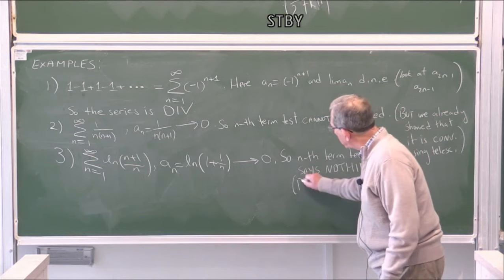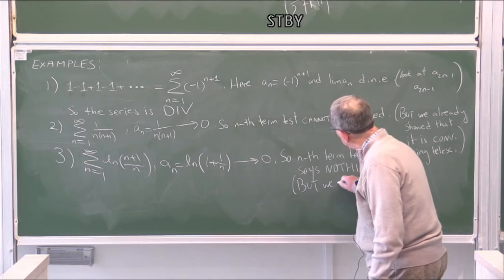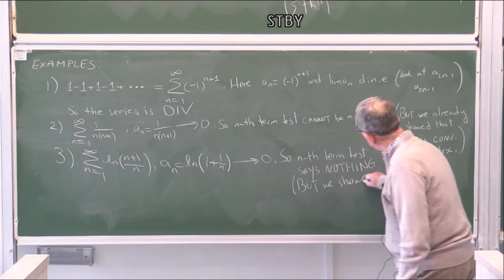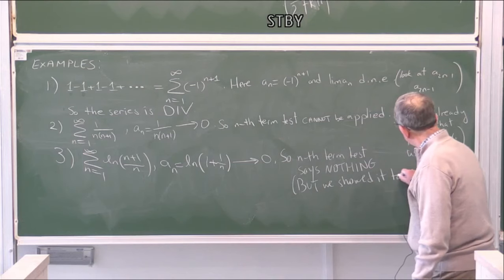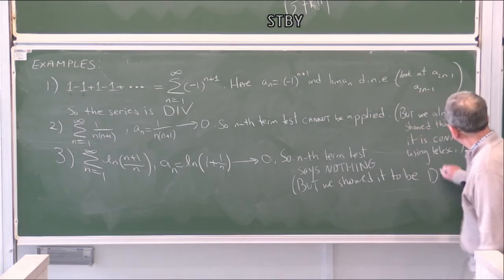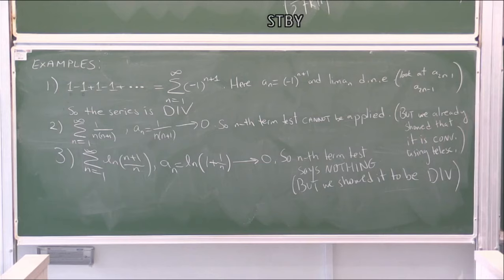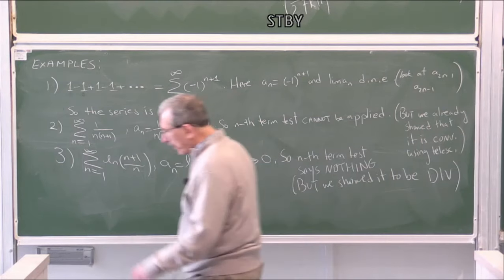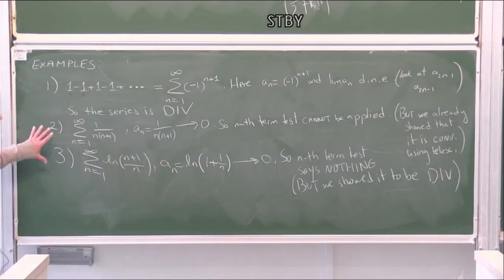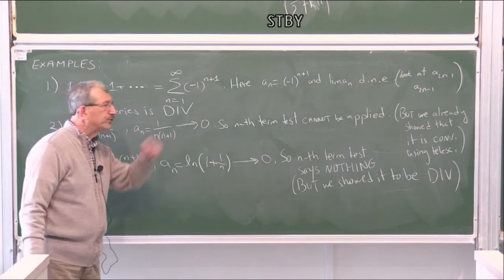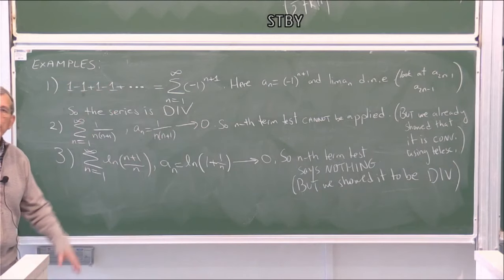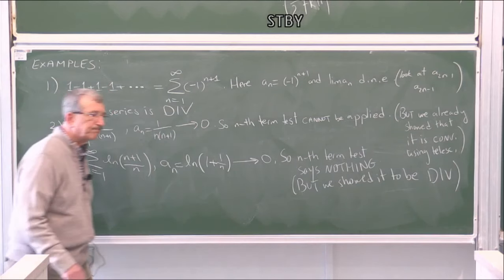But we showed it to be divergent. So these two examples show that even though the nth term test does not apply, the series can be convergent or divergent. So you cannot say anything if a_n goes to 0. You have to look at other things.